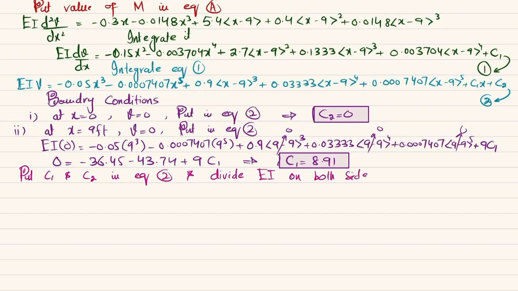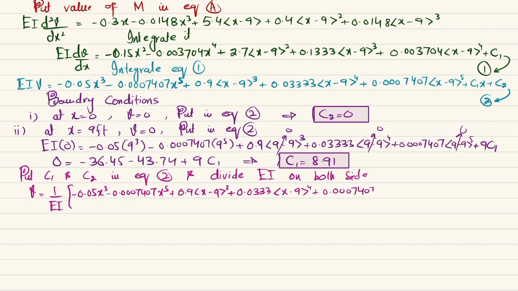So you will get v is equal to 1 over EI into minus 0.05 x cube, minus 0.0007407 x power 5, plus 0.9 into x minus 9 power 3, plus 0.0333 into x minus 9 power 4, plus 0.0007407 into x minus 9 power 5, plus C1 x, where C1 is 8.91 and C2 is equal to 0.